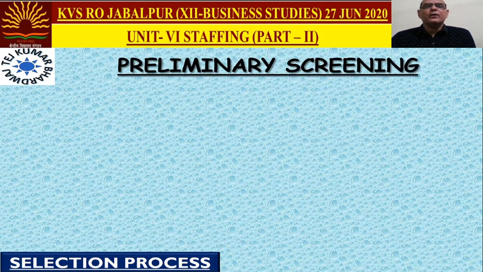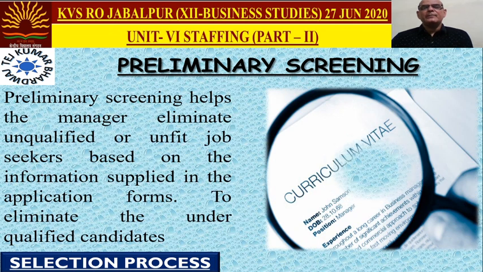So first of all, primary screening or preliminary screening is done in the selection process. The basic purpose of the primary screening is to filter, to scrutinize only the suitable candidates who must appear for the test.